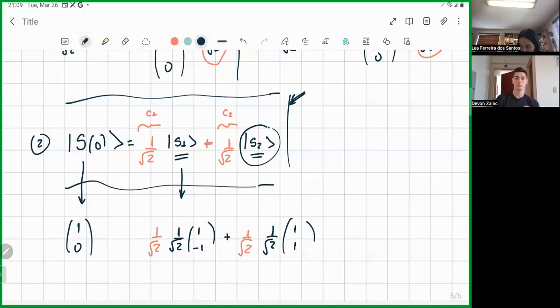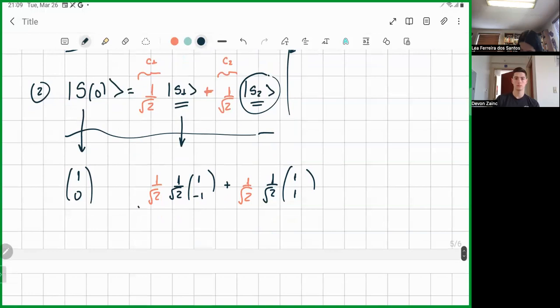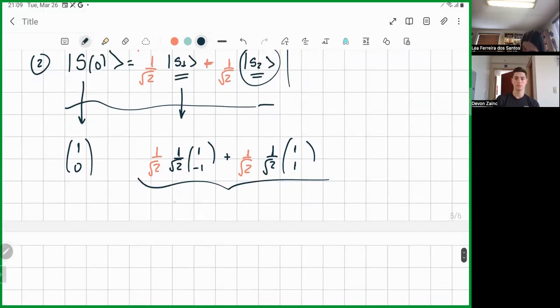If I check what this whole thing is, what do I have? 1/2, 1 minus 1, plus 1/2, 1 plus 1. What do I get from this sum? 1, 0. So I get the same original vector. So this is a parenthesis, but it is also a good check for you, if you want: did I get the components correct?